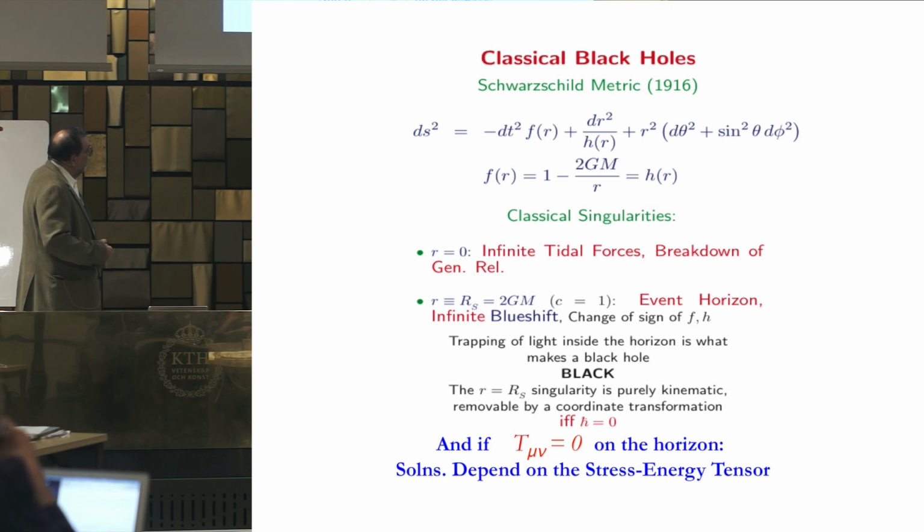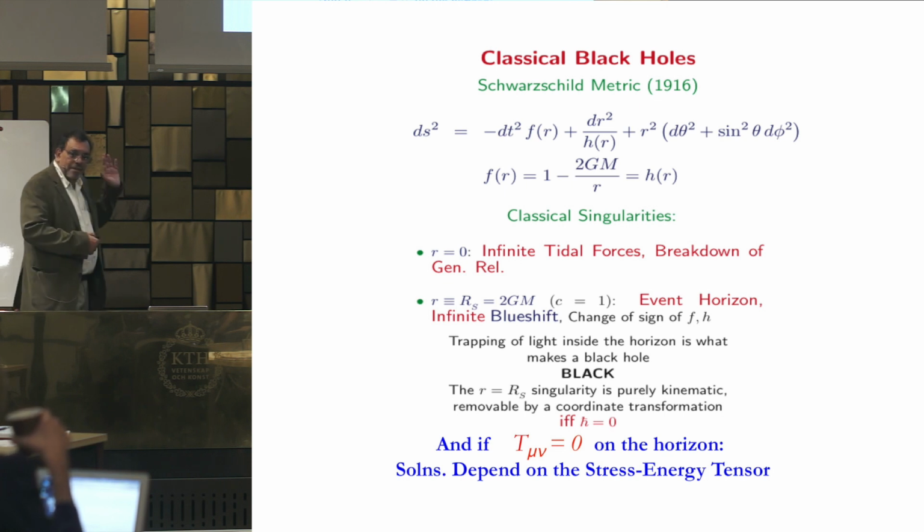And the thing I just want to emphasize is that the change of sign of the metric functions as you go through the horizon is, of course, true if I have no stress tensor there, and this is just the property of the vacuum solution.